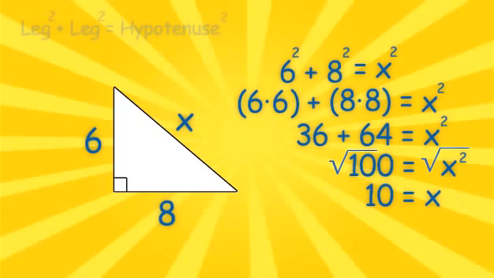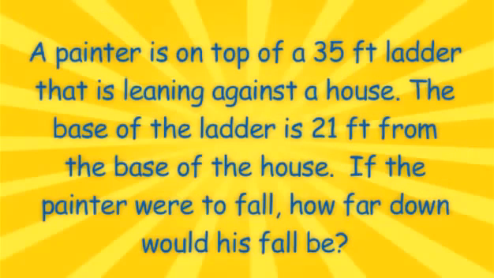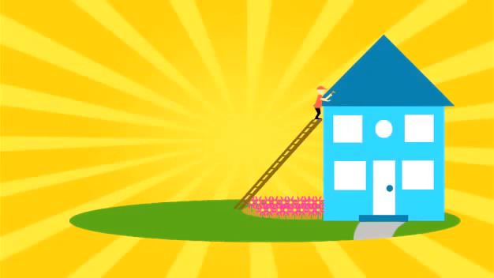Now let's try a word problem. A painter is on top of a 35-foot ladder that is leaning against a house. The base of the ladder is 21 feet from the base of the house. If the painter were to fall, how far down would his fall be? Drawing a picture is an excellent strategy to solving word problems. Here, we have our painter on top of a ladder that is 35 feet long.